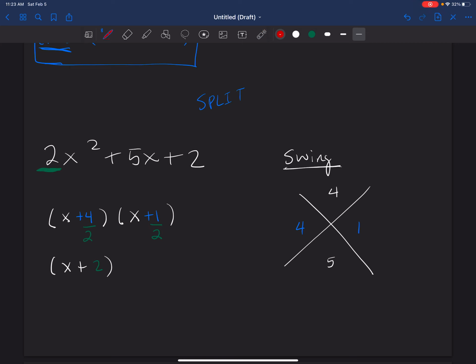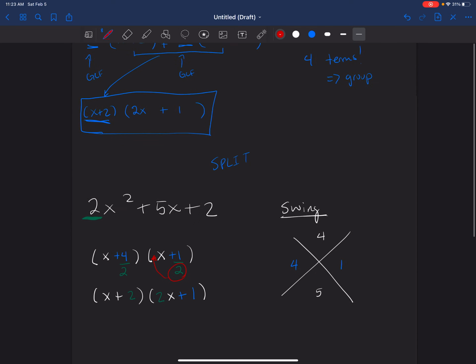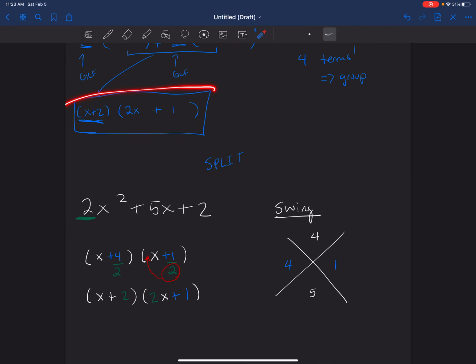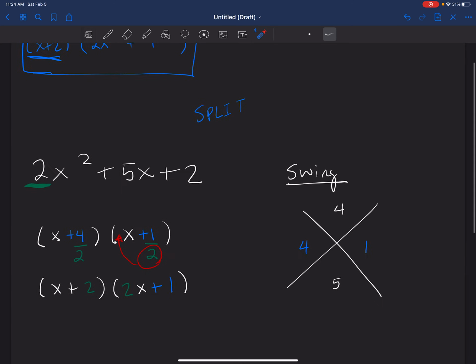So then I'm going to be left with 2x plus 1, and this is my answer, because I was swinging this here, okay? And that is exactly what I have here, okay? And that is what I want to demonstrate today.